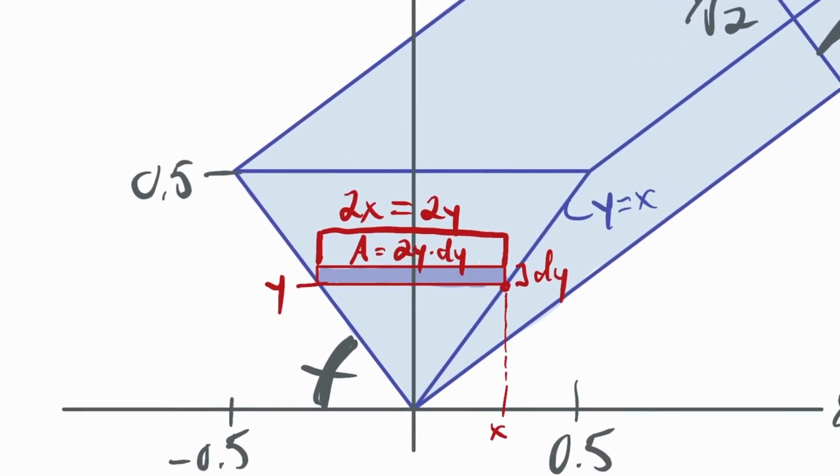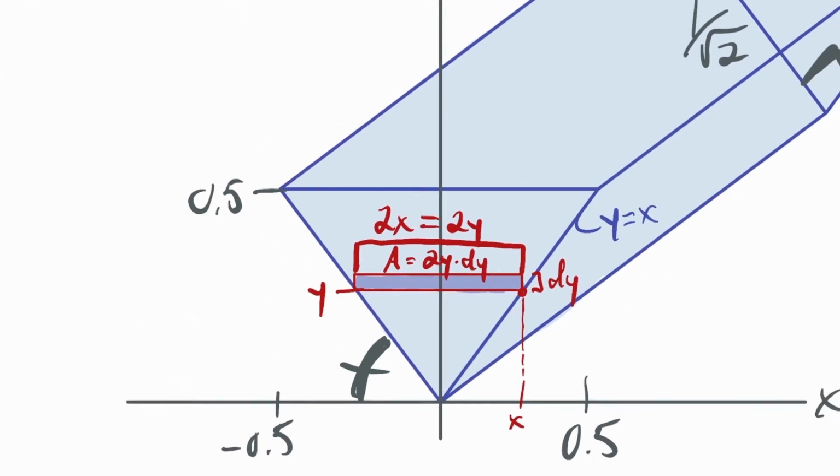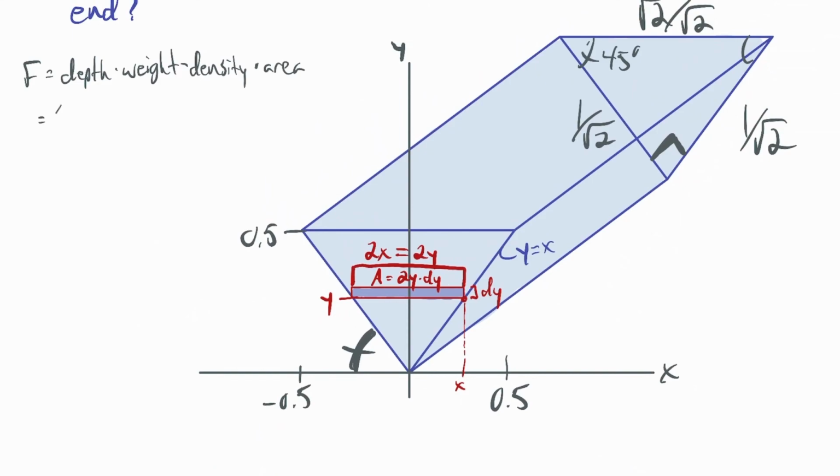From the top of the water, that's going to be from y up to wherever 0.5 is, the top of the trough. So 0.5 minus y is the depth of that section. So 0.5 minus y times weight density, 9,800, as per usual for water, times the area, 2y dy.